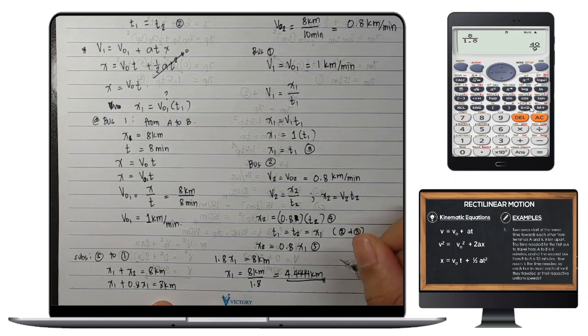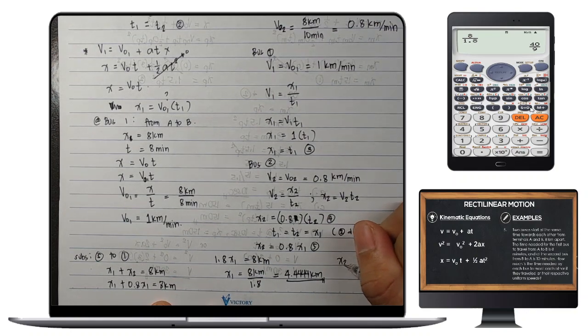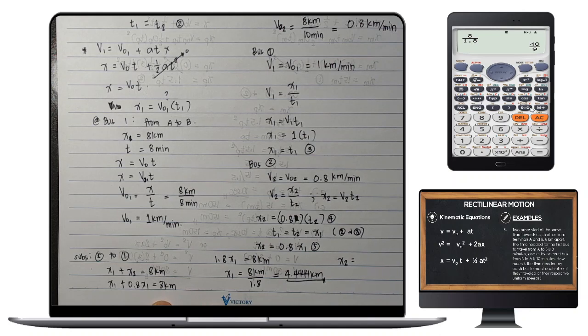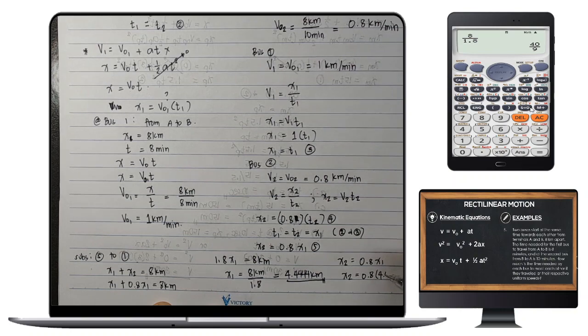Okay? So if you want to find the distance covered by bus number 2, x sub 2 is equal to 0.8 of x sub 1. So we multiply 0.8 of 4.4444.